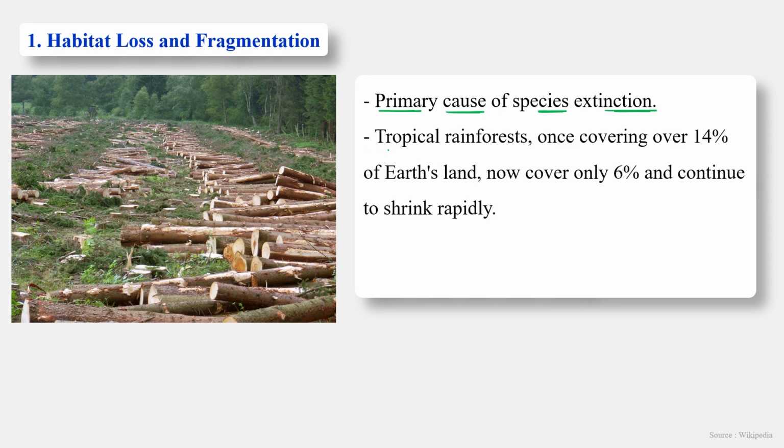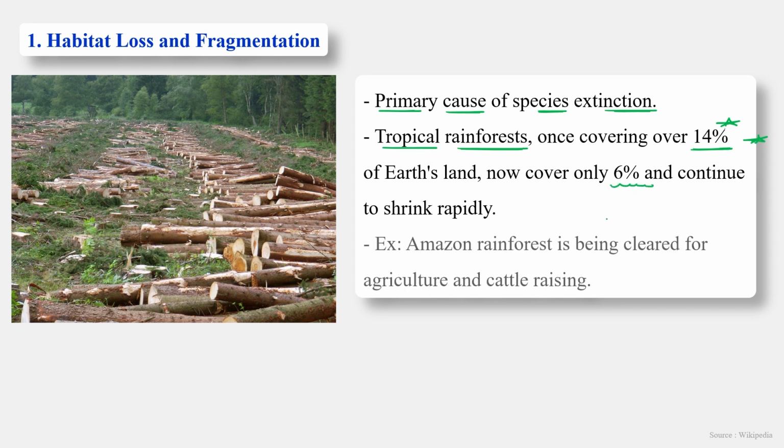As you know, on our globe, tropical rainforest once upon a time covered over 14% of earth's land. A huge area came under tropical rainforest, but now it covers only 6% and continues to shrink rapidly. Why? Because the rainforest area is cleared by humans for agriculture and for cattle raising. So this one is the primary cause.